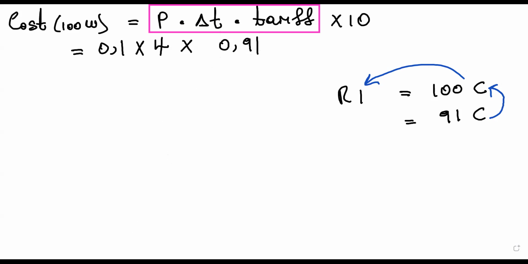You don't need to put the rand here, but you won't be penalized if you put it as well. So that's your tariff. And then you multiply this by the number of bulbs. Then you say 0.91 times 0.1 times the number of hours times 10. So you simply get 3.64 rands. Just to make sure that I did the right thing.